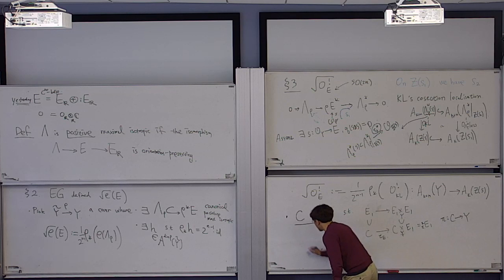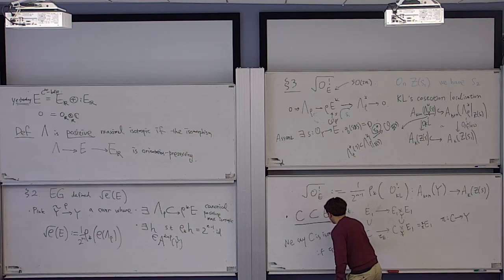So we say C is isotropic if this is isotropic.